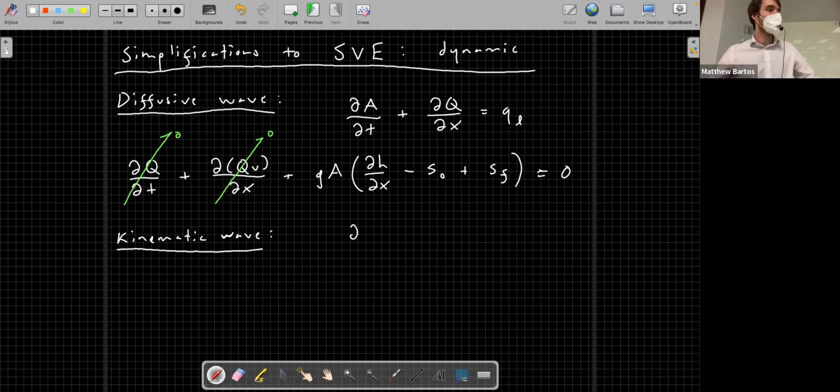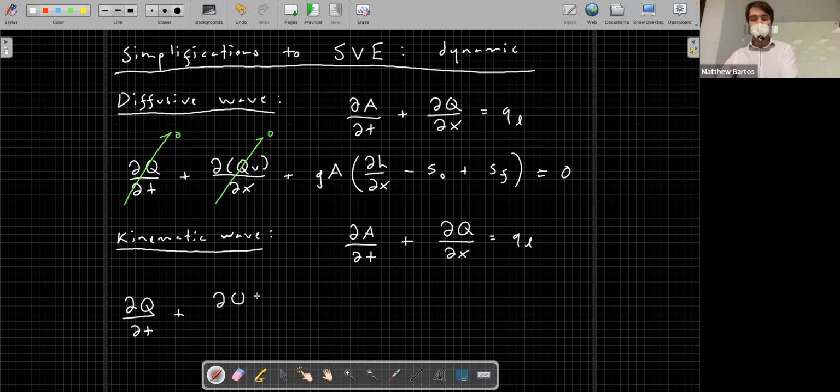Okay, so with kinematic wave, continuity stays the same. Okay, I'm going to write out the full momentum equation again. Okay, with our sum of forces.